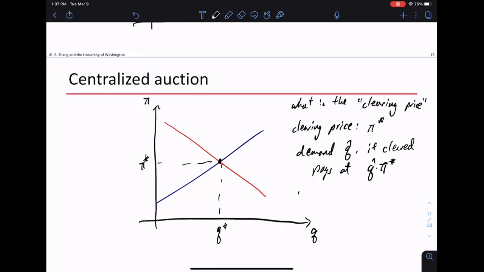Then the supply, say Q tilde, gets paid Q tilde times pi star. Again, it doesn't matter what your actual supply curve is.